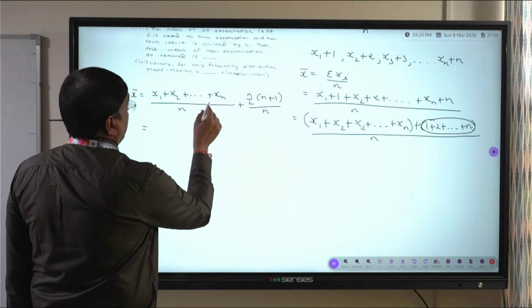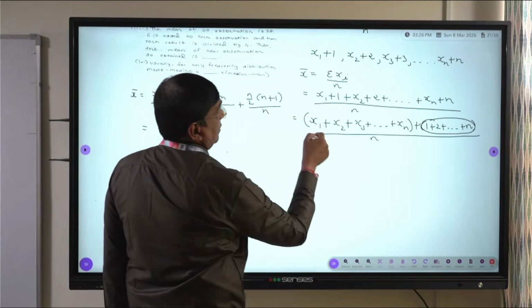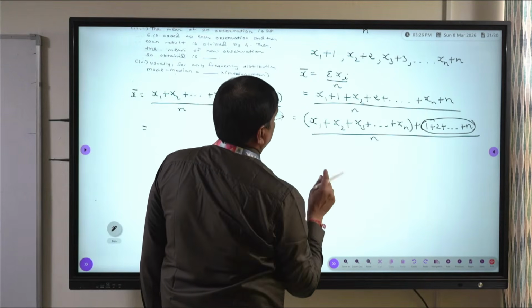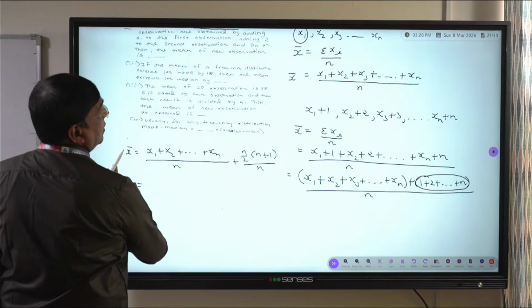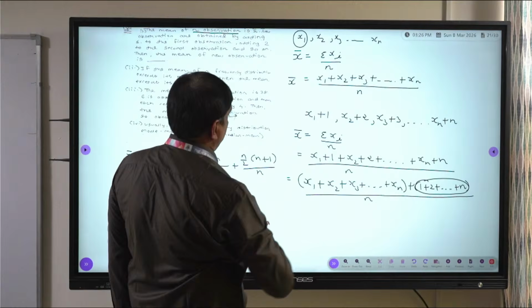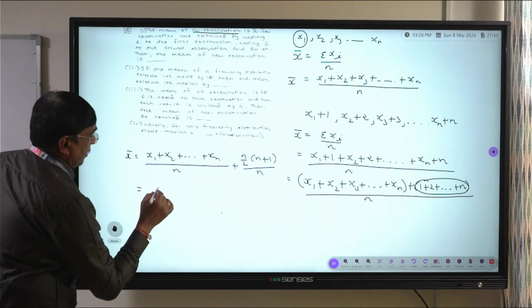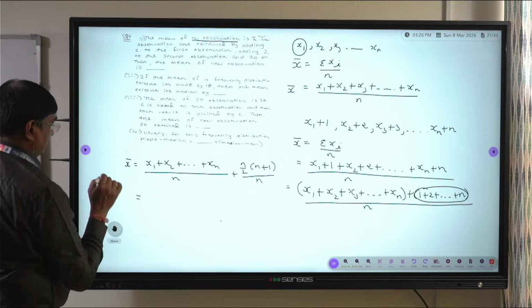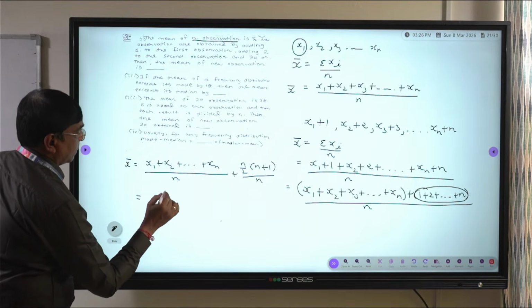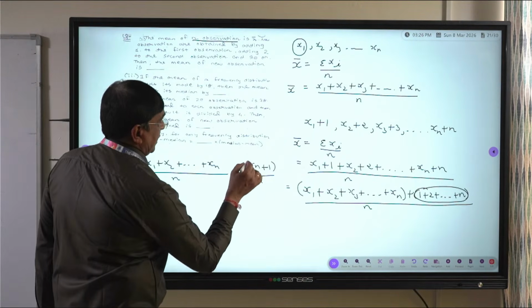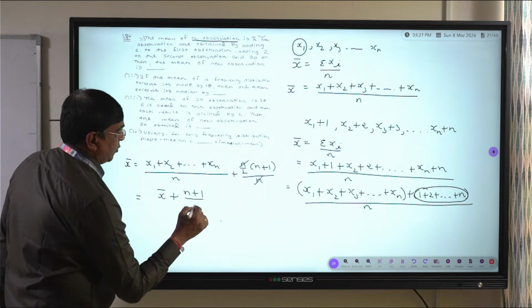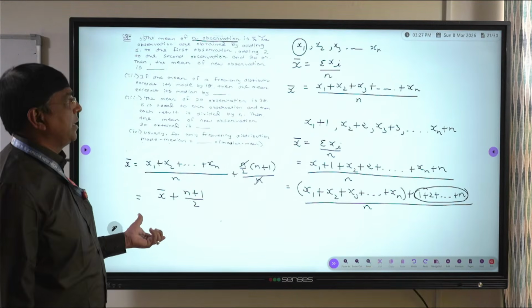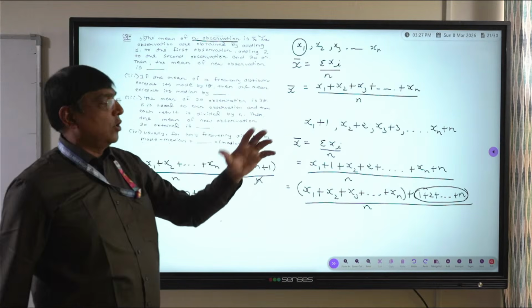But what is x1, x2, x3 upon xn? It is nothing but x bar. तो ये वैल्यू हो गई अपनी x बार। n cut, we get n plus 1 upon 2, is the new mean of the observation.